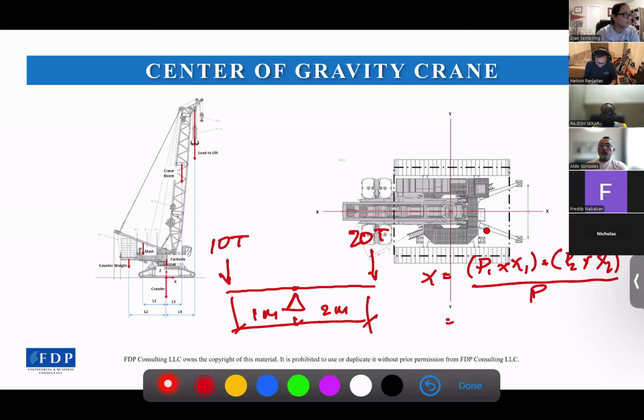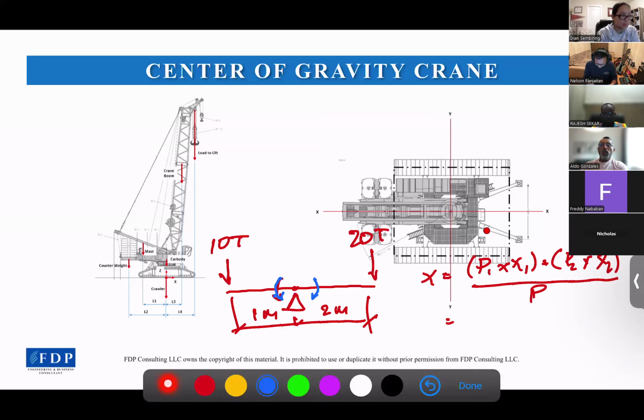So we have 10 ton. We assume that it will be like this. The moment because of the 10 ton is like this, and then the 20 ton is like this, right?